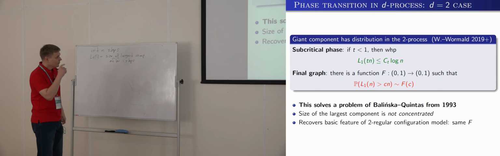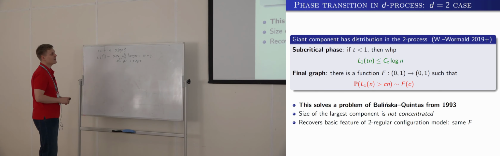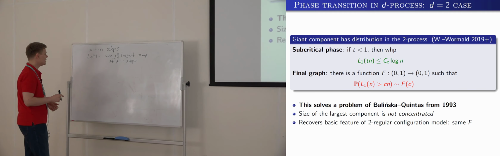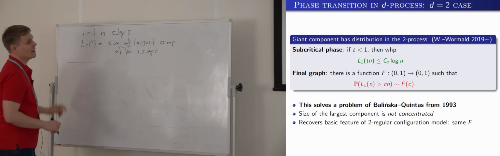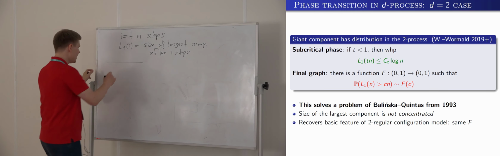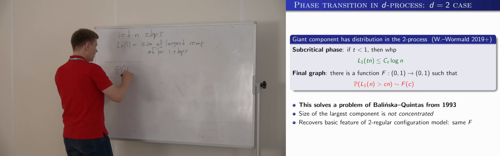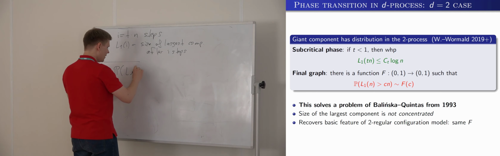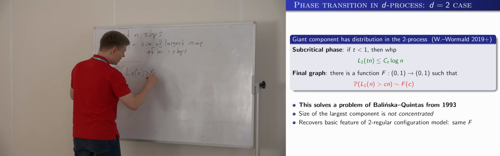In fact, we figured out that this question for d equals 2 was actually asked in 1993 by Balińska and Quintas. They were interested in the following question: what is the probability that your final graph has a component of size at least n over 2?